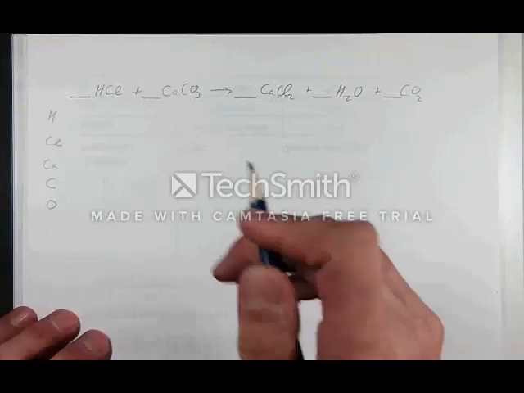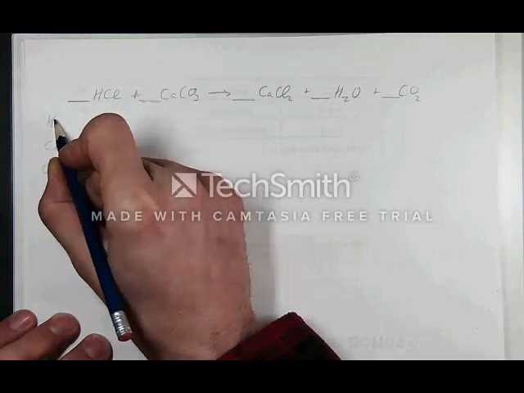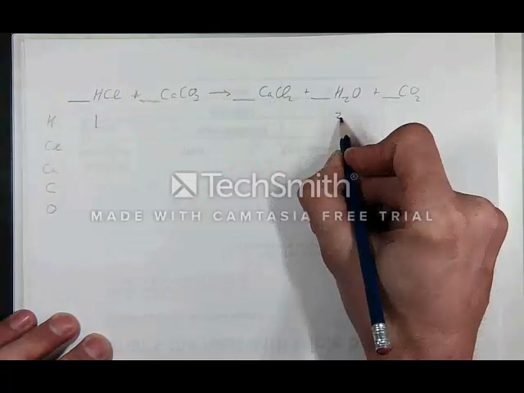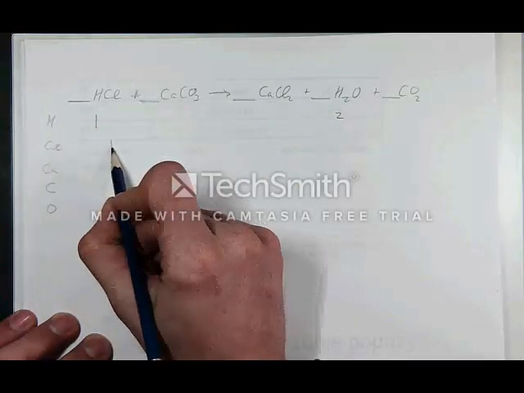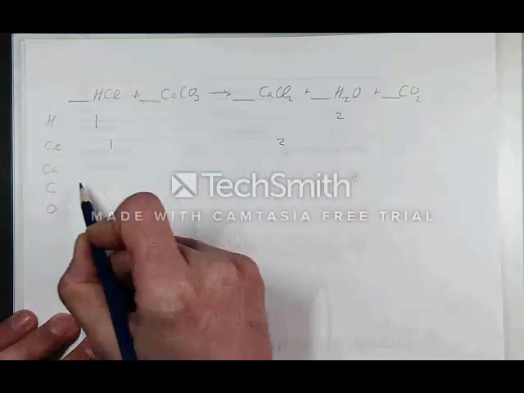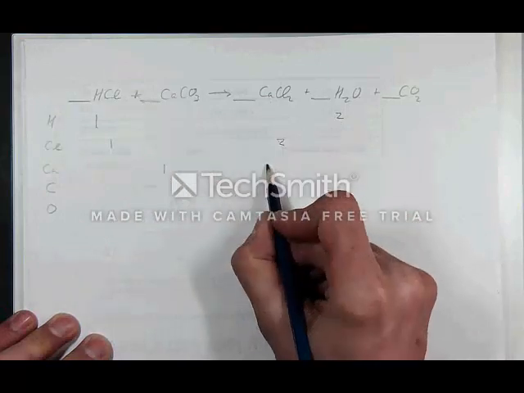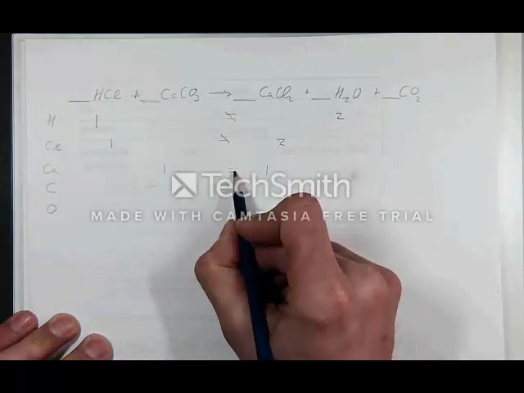Alright, welcome back. We'll determine how many atoms of each element. We have 1 hydrogen, here we have 2. Chlorines, we have 1, here we have 2. Calcium, we have 1, here we have 1, so balanced.